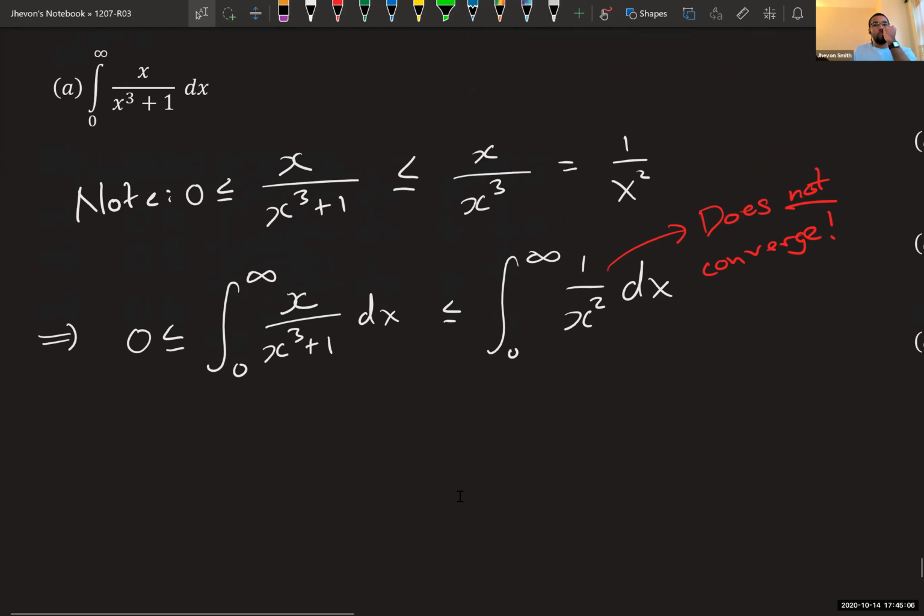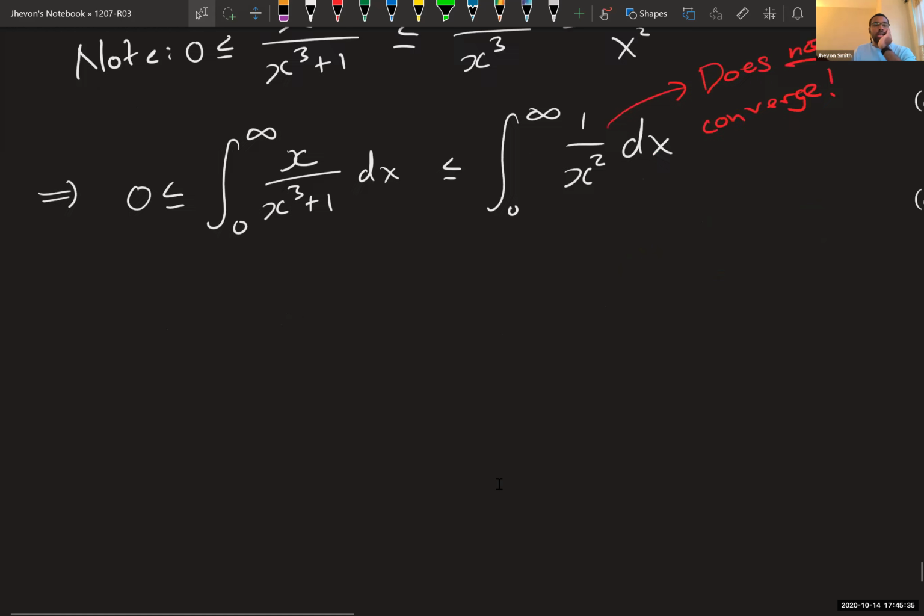Can you compare x over x cubed plus 1 with 1 over x squared? You could use the comparison theorem here, but I already set up the inequalities. So let's do the direct comparison. But yeah, you're right. Both can actually work here, but you can also get the direct comparison to work.